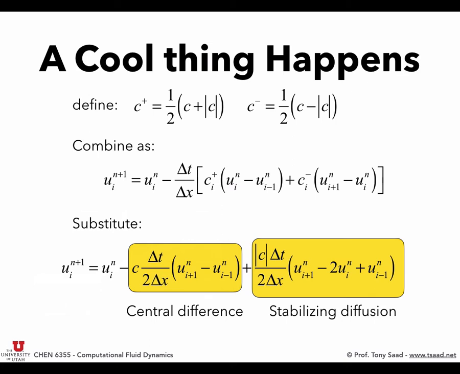So what you end up having is un plus 1 is un minus a central discretization, which we know is unstable, plus a stabilizing diffusion. Okay, and you see that the coefficient is always positive here by the presence of this absolute value of C. So that explains how, in other words, the general Upwind scheme is a central scheme plus a diffusion term, okay, to stabilize the oscillations that come out from the central discretization scheme.